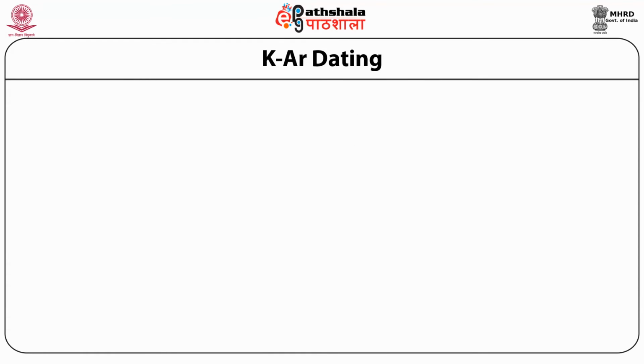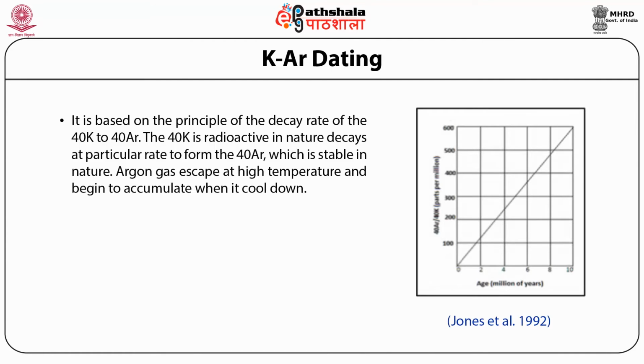Potassium argon dating. This dating technique was developed to date very old depositions of volcanic rock, igneous rock and minerals. It is based on the principle of the decay rate of potassium-40 to argon-40. Potassium-40 is radioactive in nature and decays at a particular rate to form argon-40, which is stable in nature.